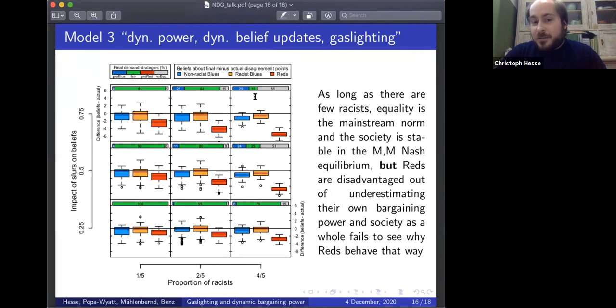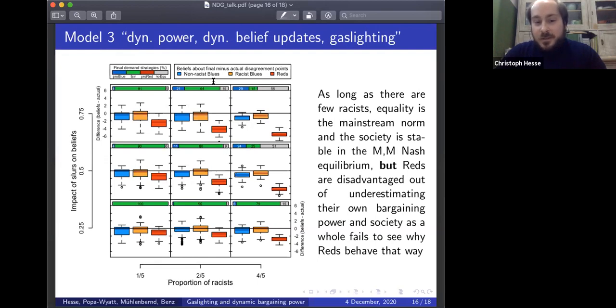And again, on the top right corner, we see more than half of the time, at the end of the simulation, the Nash demand game is no longer in a fair Nash equilibrium. The red agents have been disadvantaged more so than the blue agents and the racists. The jury has not managed to punish the racists because they still have pretty much the same power that they started out with, and they still are as powerful as their fellow blue agents.